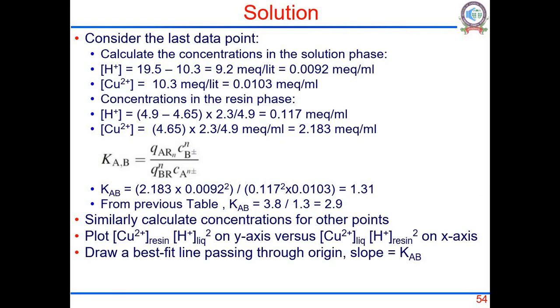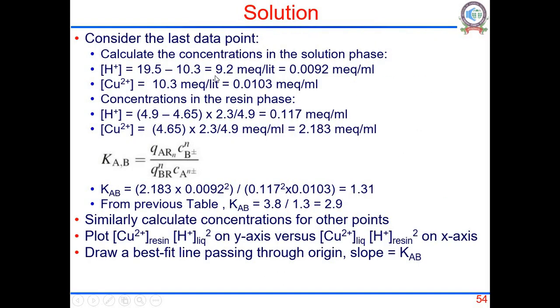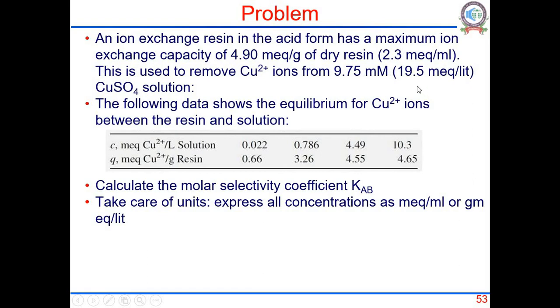Okay, so here is the solution. Let's just take one data point, the last data point for example. If we write all the concentrations in the solution phase, the initial concentration of copper in the solution is 19.5.